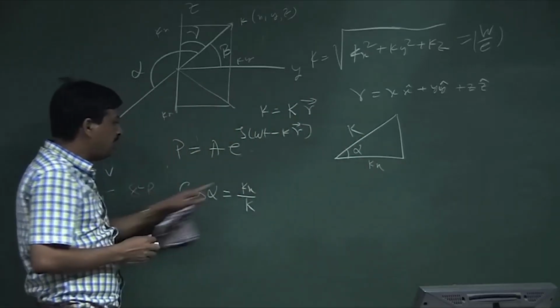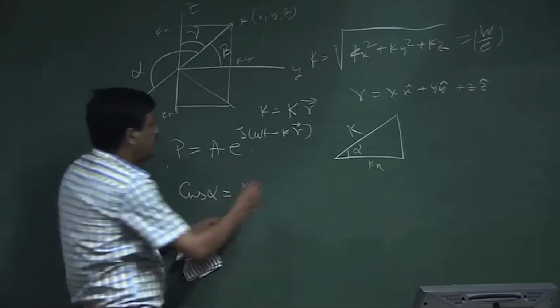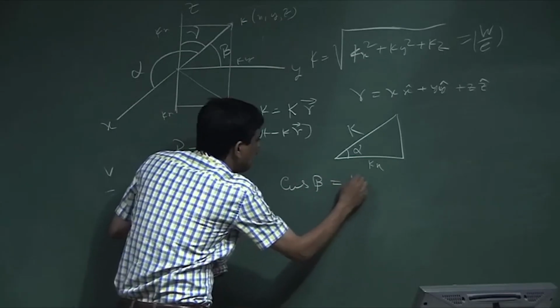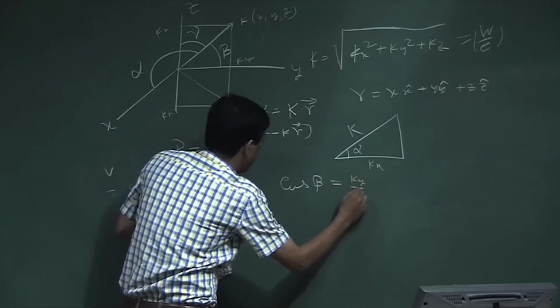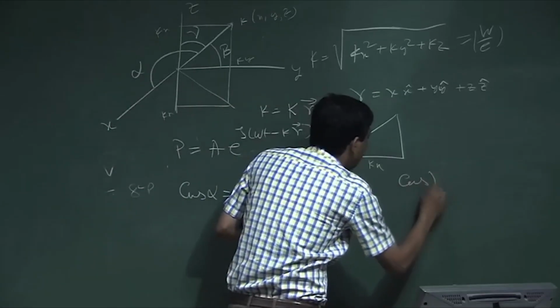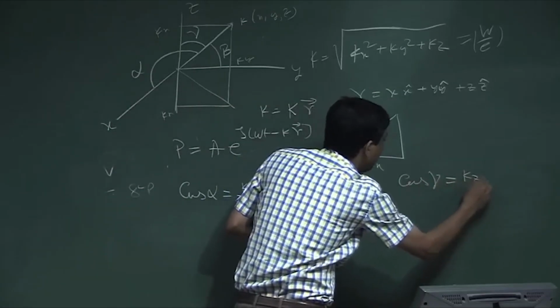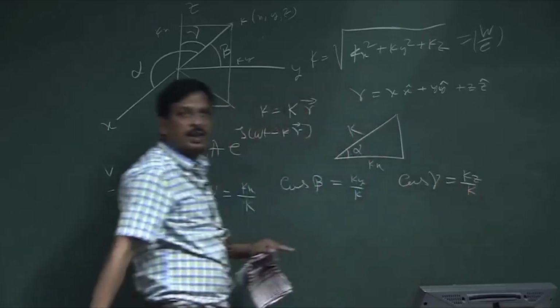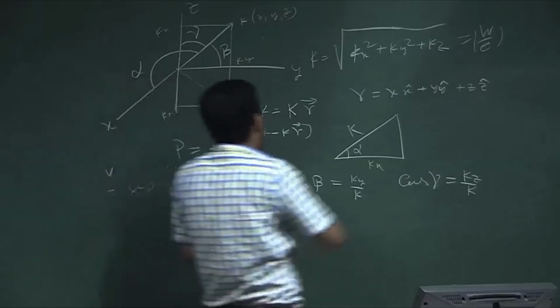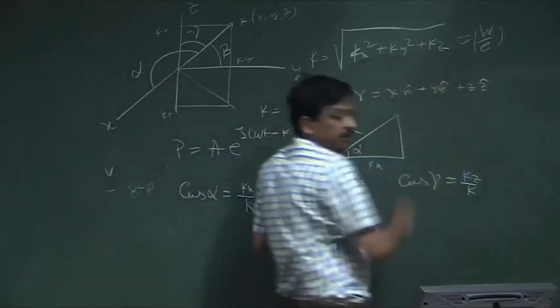So, cos alpha is nothing but kx by k. Similarly, cos beta is nothing but ky by k. Cos gamma is nothing but kz by k. Okay. So, I can write this instead of kx, ky, kz.